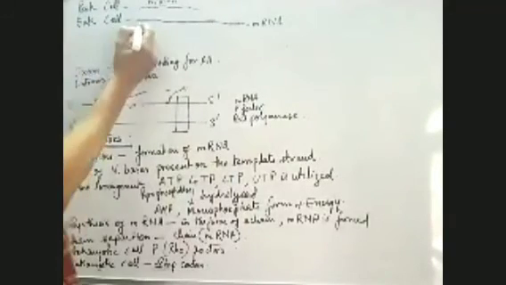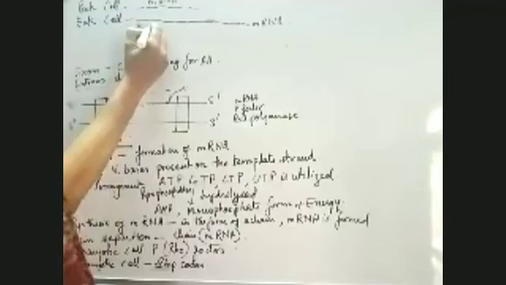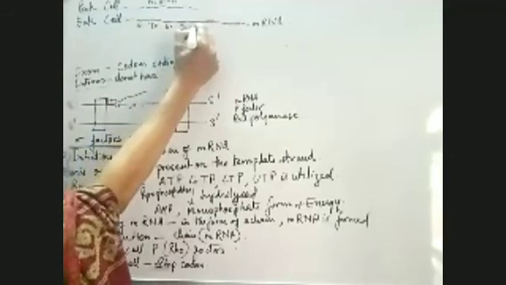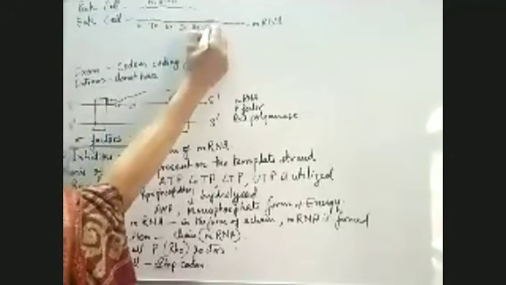It will have some interruptions, and those interruptions will be in the form of introns. If we consider this to be a coding sequence, this is an exon. This is an intron. Then again we have an exon, then intron, then exon, then intron. This way we will have an interrupted sequence, and this RNA is known as heterogeneous RNA.